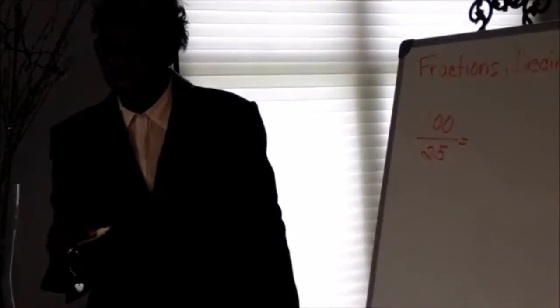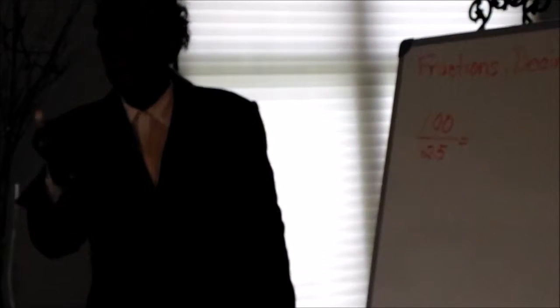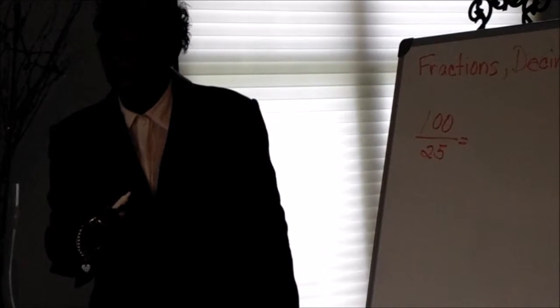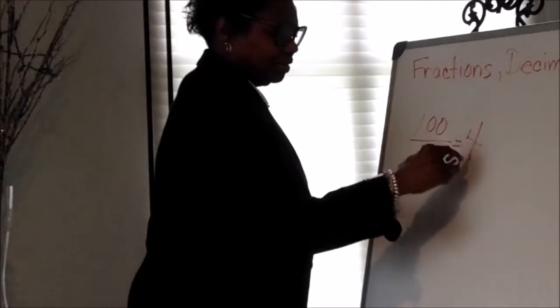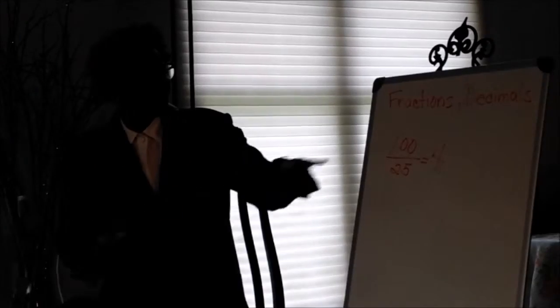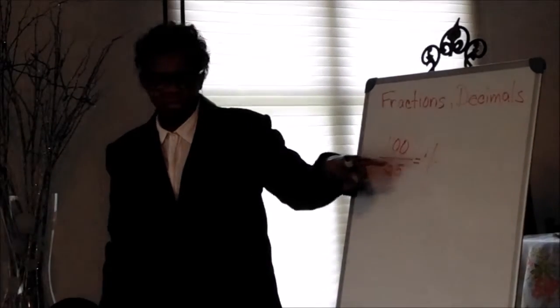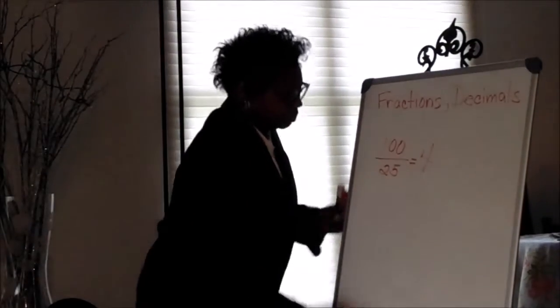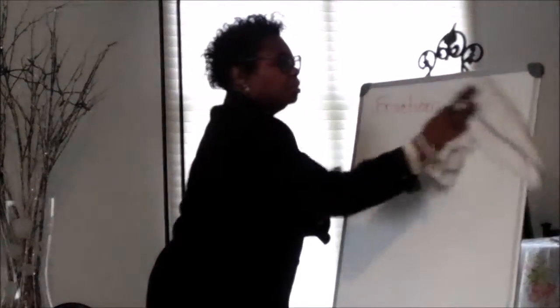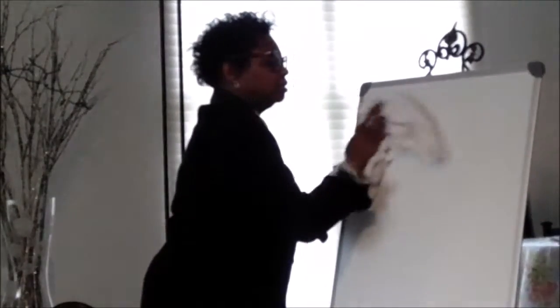And then, how many quarters are in 100? What did you say earlier, Ryan? How many quarters? 4. Right. So is that a correct statement? 100 divided by 25 is 4? So you're looking at decimals, fractions, fractions or decimals. This is all a part of something. All right. Any questions about decimals or fractions?